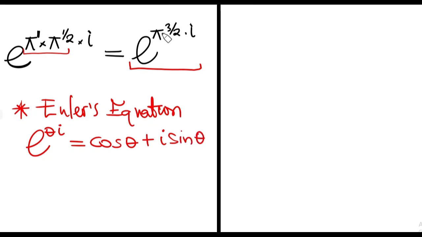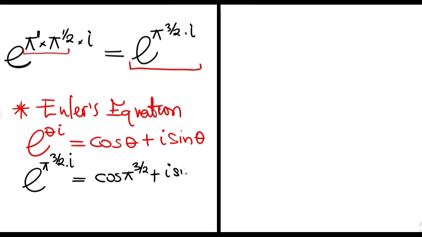Looking at the expression that I have here, my expression exponential pi raised to the power of 3/2 multiplied by i can now be written in the same format as cos pi raised to the power of 3/2 plus i sine of pi to the power of 3/2.